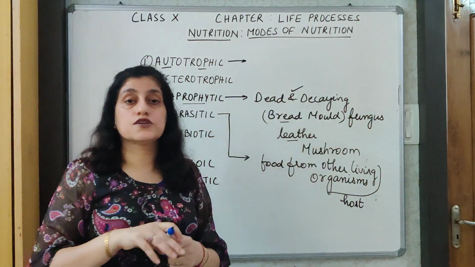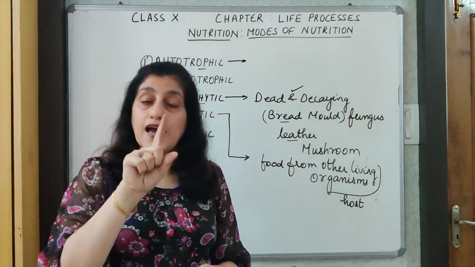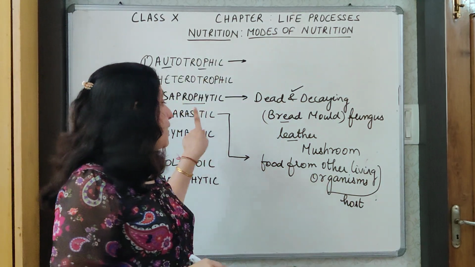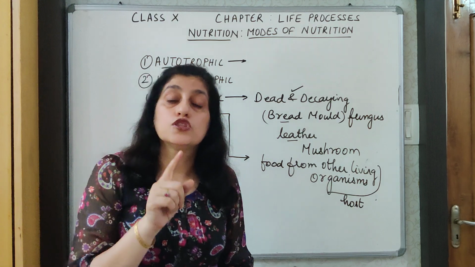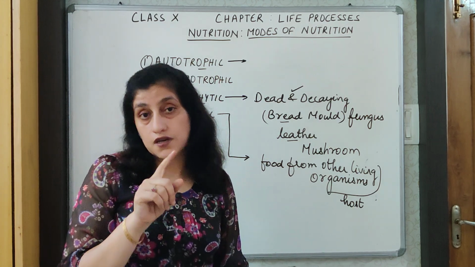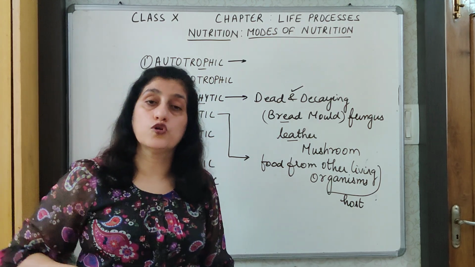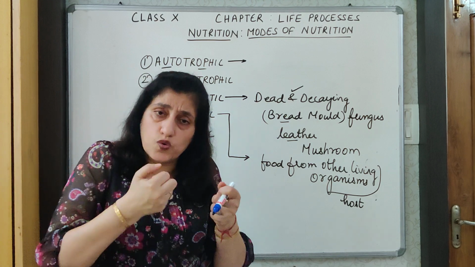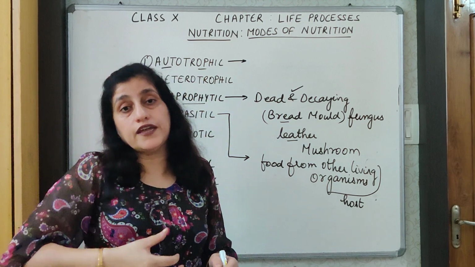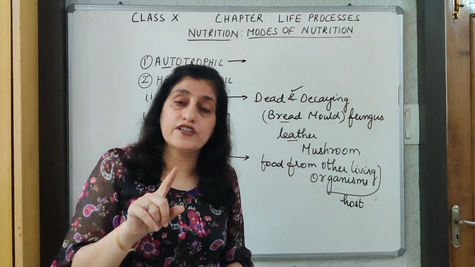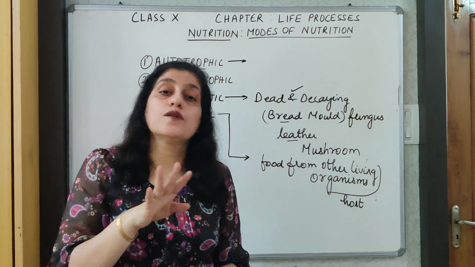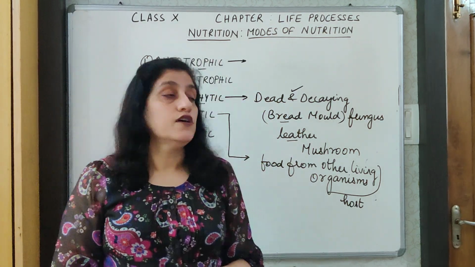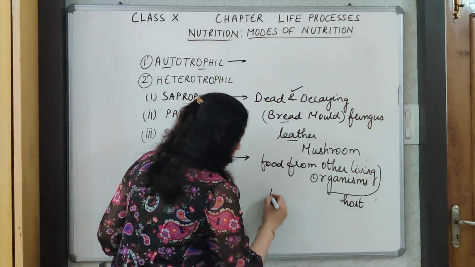So these organisms obtain food from the host, and one more thing, in parasitic mode of nutrition, the host is harmed. It is harmful for the host because the parasites only take nutrition. They do not benefit them, let alone benefit; they are more harmful for them. Examples are some bacteria.